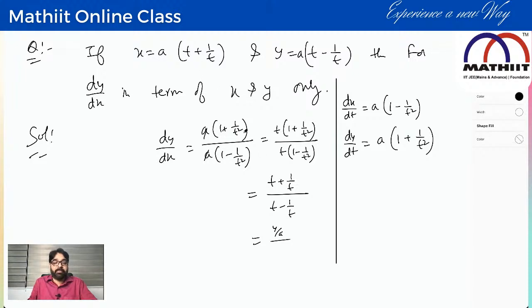Sorry, something wrong I did, I'm sorry. The t plus 1 by t value is x by a, and the t minus 1 by t value is y by a. So divided by y by a, the answer will be x by y. Is everything I did correct? Right?